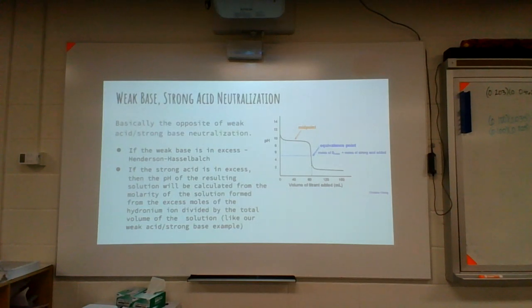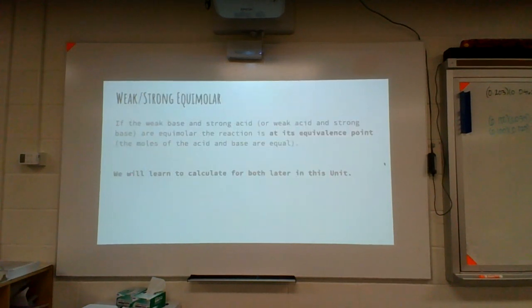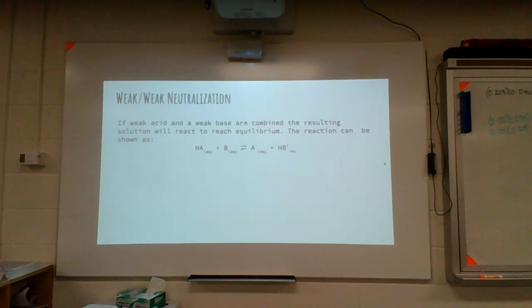The pH of the resulting solution will be calculated based on the molarity of the solution formed from the excess moles of the hydronium ion divided by the total volume. The last situation to consider is when things are equimolar, meaning the same number of moles of the weak base and the strong acid. This means that we're already at the equivalence point, and we'll learn to calculate for both of these situations later in this unit.